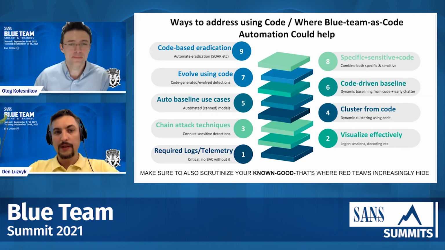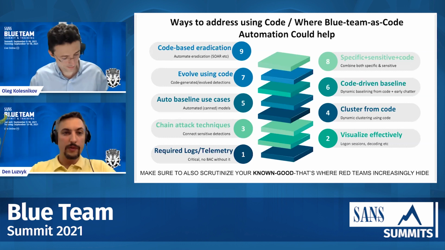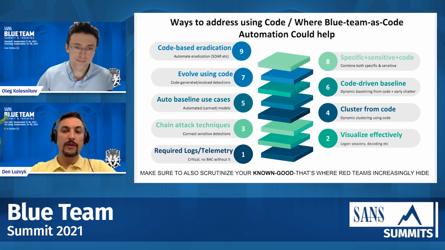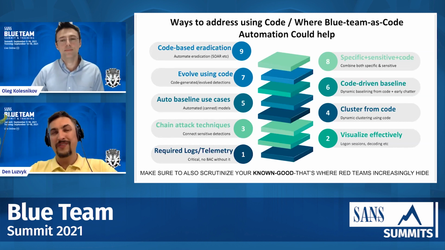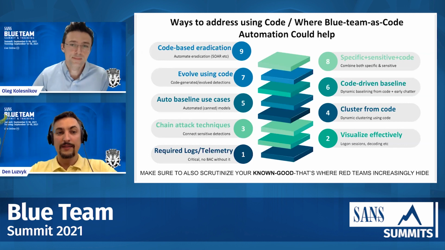Apply clustering, and you get outliers from process creation events, command lines, network. Start working with this as a starting point for hunting, for example. Code-driven baselining is the most effective way to find common patterns and filter benign behavior.